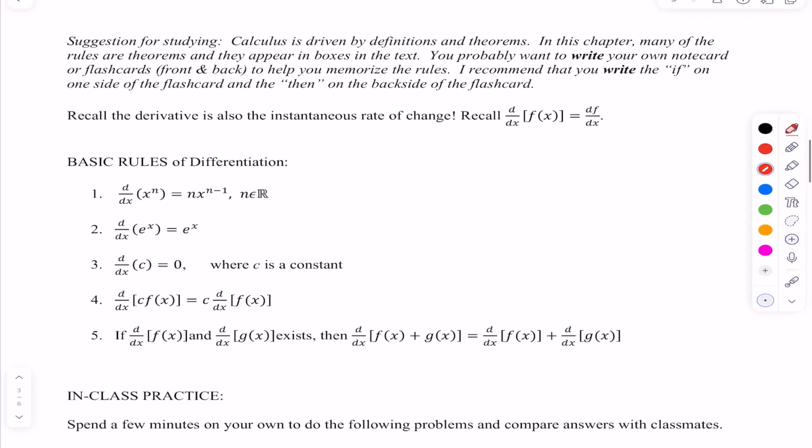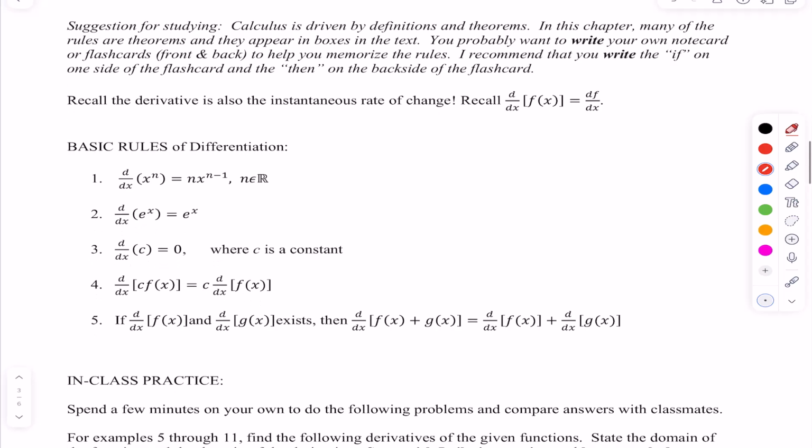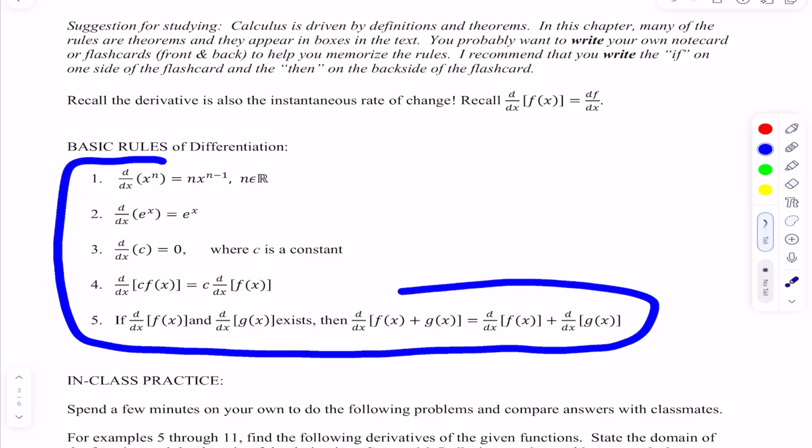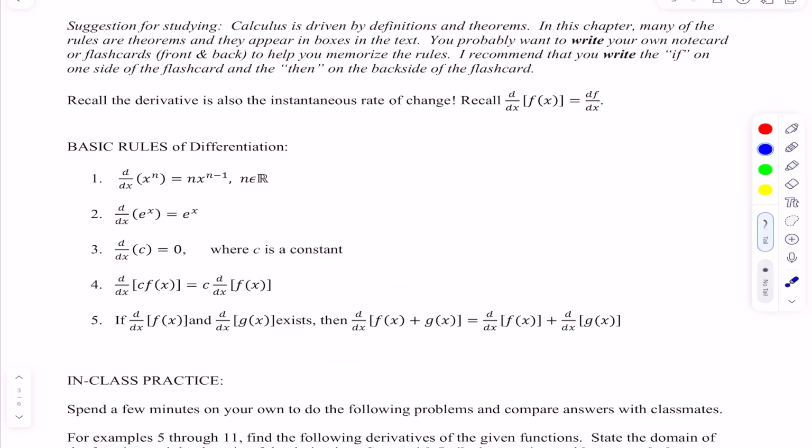Suggestions for more basic rules of differentiation: I recommend that you memorize them. You don't necessarily have to memorize these in order, but it's kind of nice to know that, okay, these first two were introduced, so we could label them 1 and 2. But in reality, you need to know all of these at the same time. I shouldn't say at the same time. You can only perform one rule or one tool at a time, but you never know which one you're going to do.